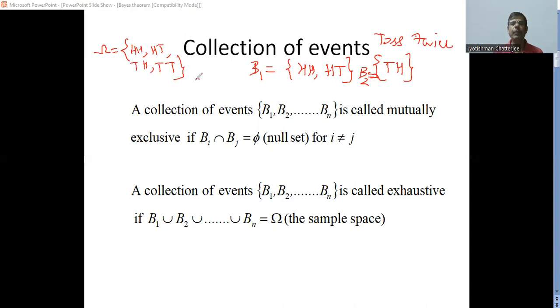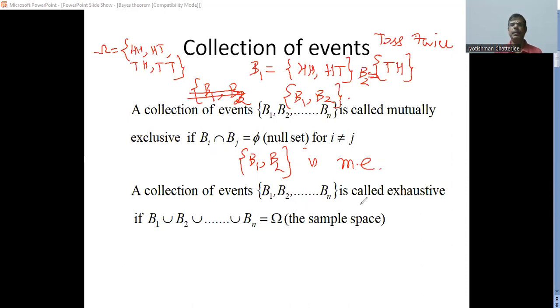If you now take B1 and B2, this collection is mutually exclusive, because B1 intersection B2 is the null set.